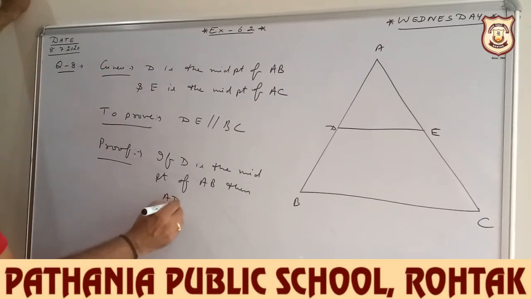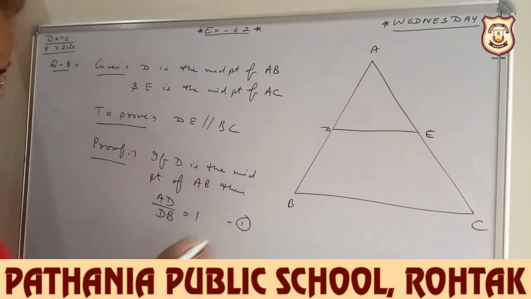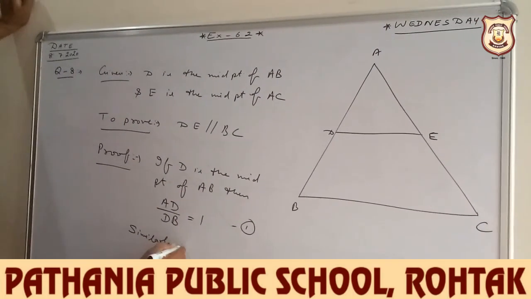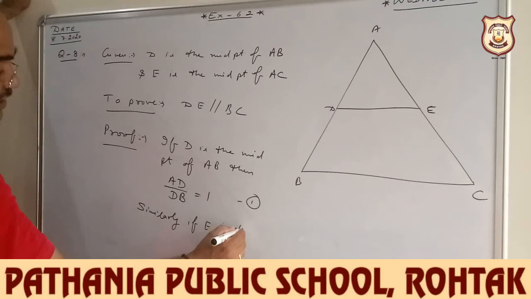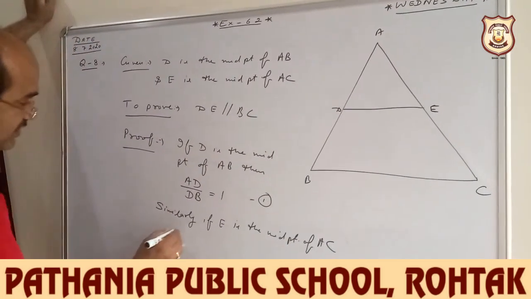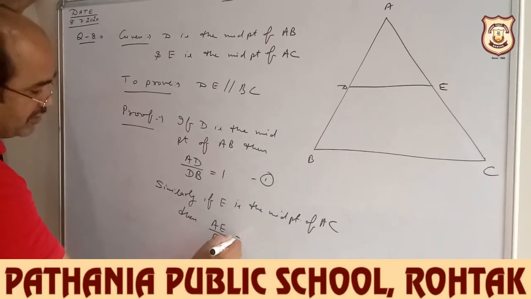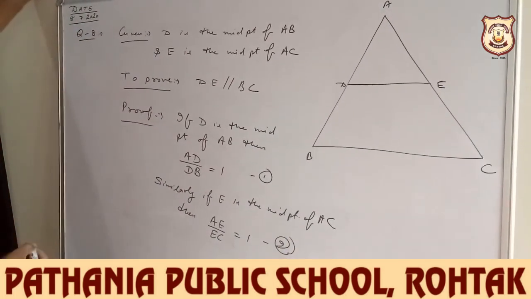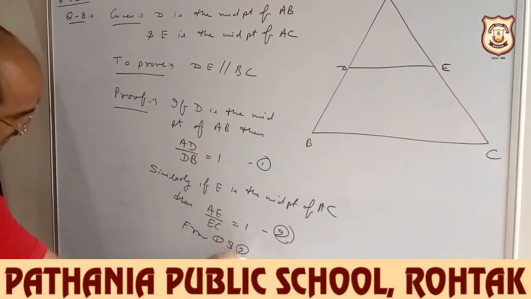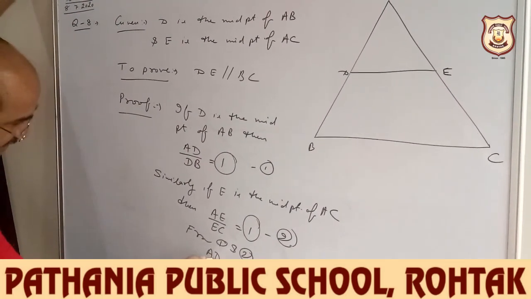Proof. If D is the midpoint of AB, then AD upon DB equal to 1. Mention this one as 1. Similarly, if E is the midpoint of AC, then AE upon EC equal to 1.